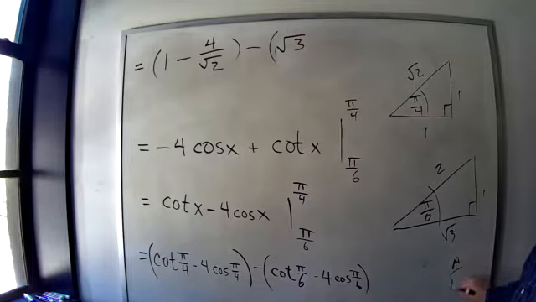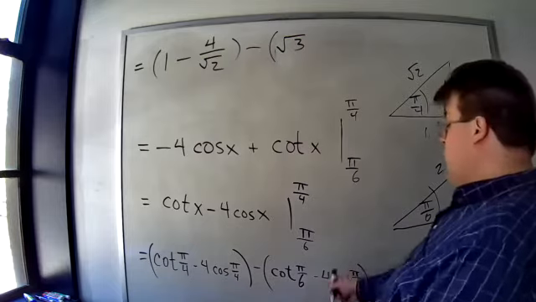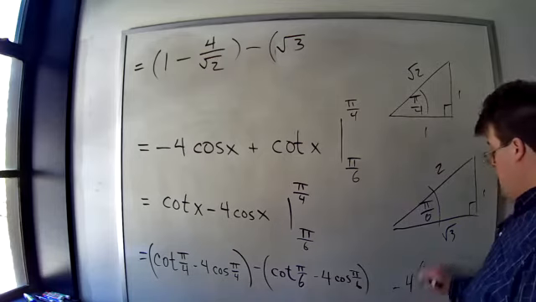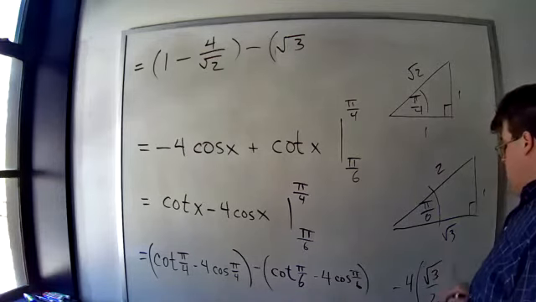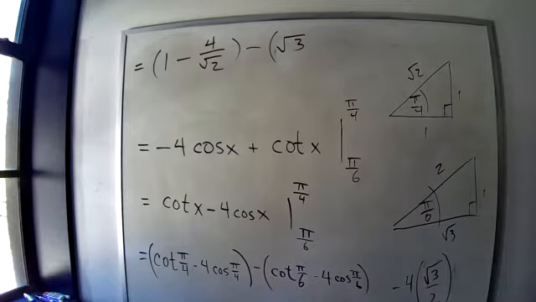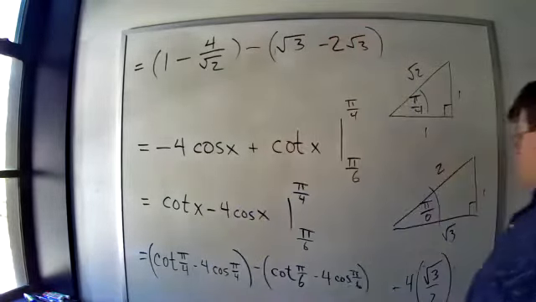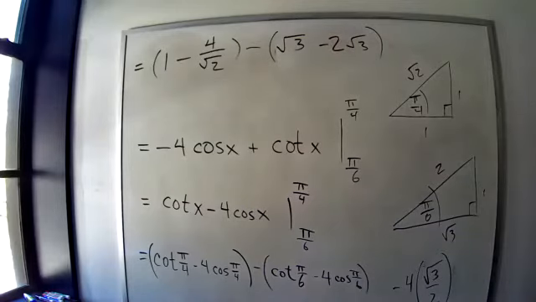Well, cosine is adjacent over hypotenuse. Adjacent is root 3, hypotenuse is 2. 4 of those, what would that give us? Negative 4 root 3 over 2. Notice the 2's cancel, so you're left with negative 2 root 3. Any questions about getting there? We have one more step, but any questions about evaluating those trig functions?